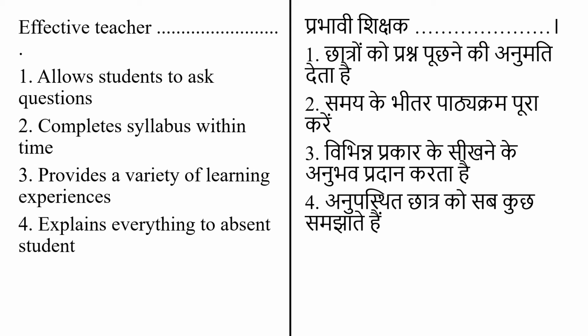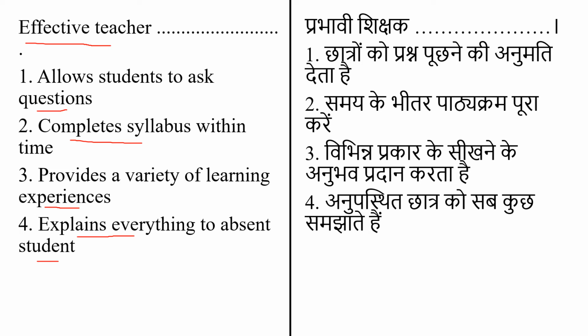Effective teacher. In this question they ask you about an effective teacher. The first option is allow the student to ask questions. Second is complete syllabus within the time. Third is provide variety of learning experience. And the last is explain everything to the absent student. Learning experience refers to any interaction, course, program or other experience in which learning takes place.